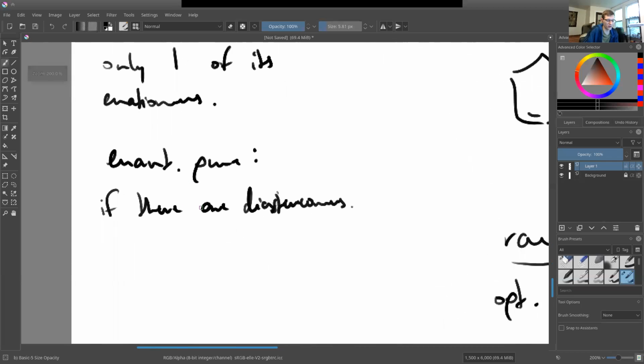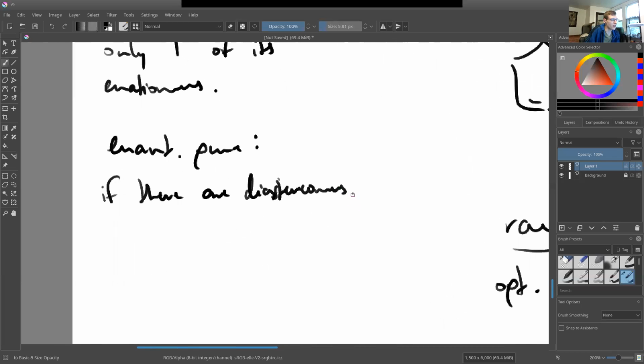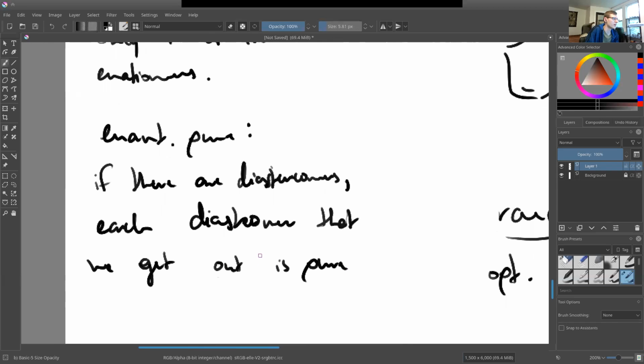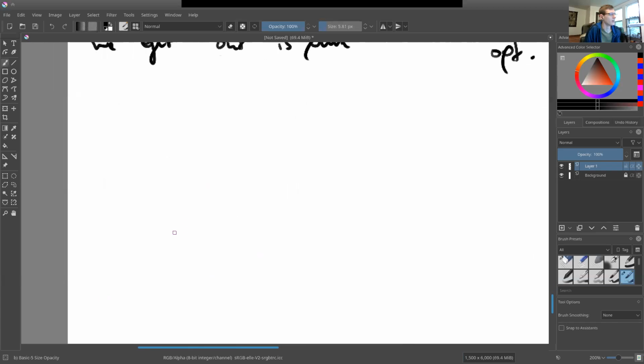Enantiomerically pure then would refer to if there are diastereomers, so each diastereomer that we get out is pure at some chiral centers, I guess.